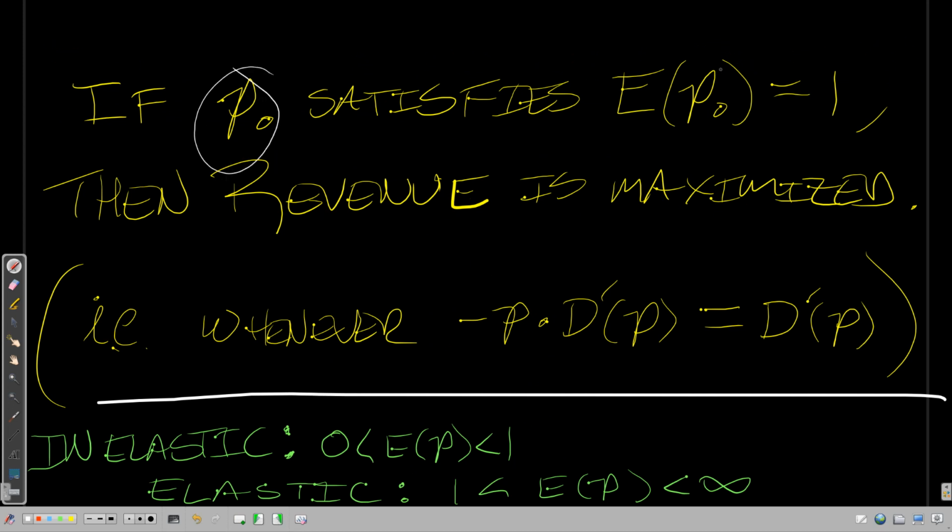If there is some particular point such that when you stick it into the elasticity of demand function, you get 1, then revenue is maximized when the price is set to that value.